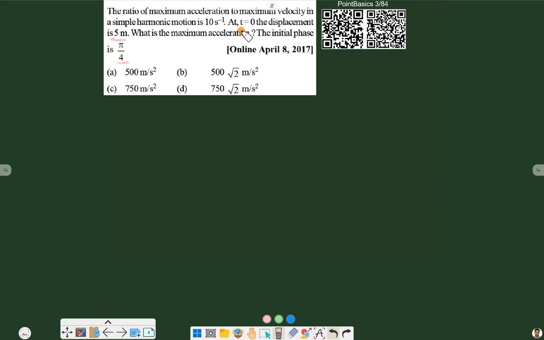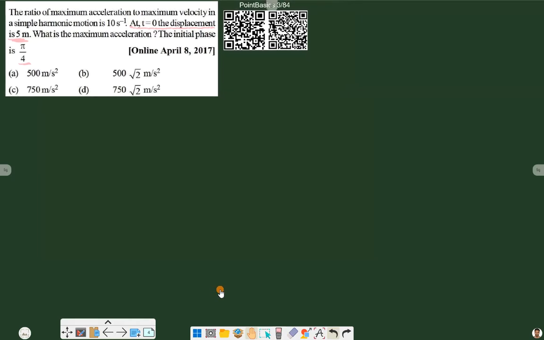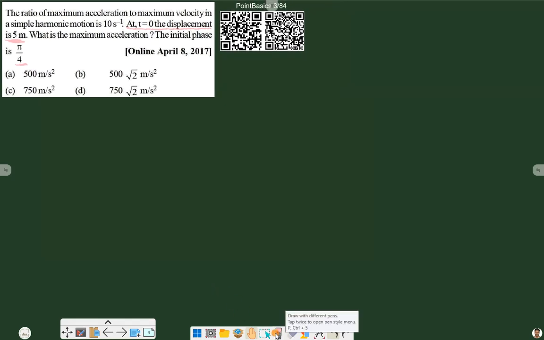So if you note carefully, in the second line it is mentioned that at t is equal to 0, the displacement is 5 meter. So what does it mean? It means that generally we have two forms of SHM.